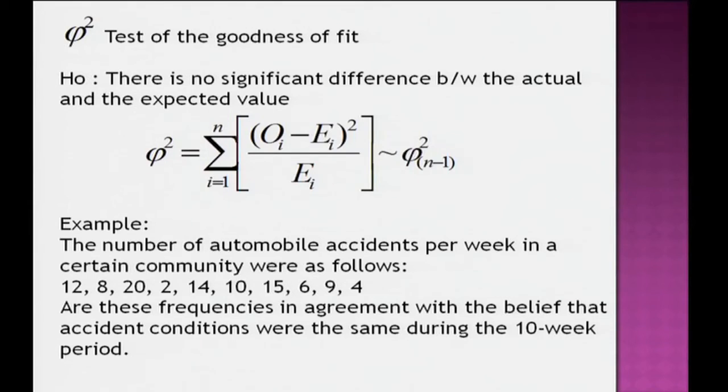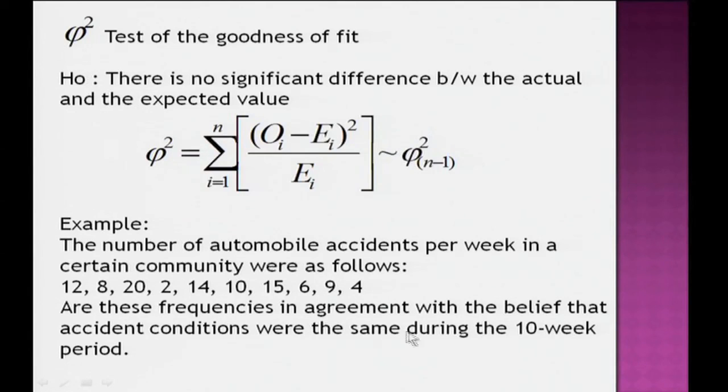There is another question here on goodness of fit, whether it is following a certain situation or not. The number of automobile accidents per week in a certain community were as follows. Automobile accidents are given per week. Say if you are talking about, let us assume this NCR, say there are 12 accidents, then 8, 20, 2, 14, 10, 15, 6, 9, 4.